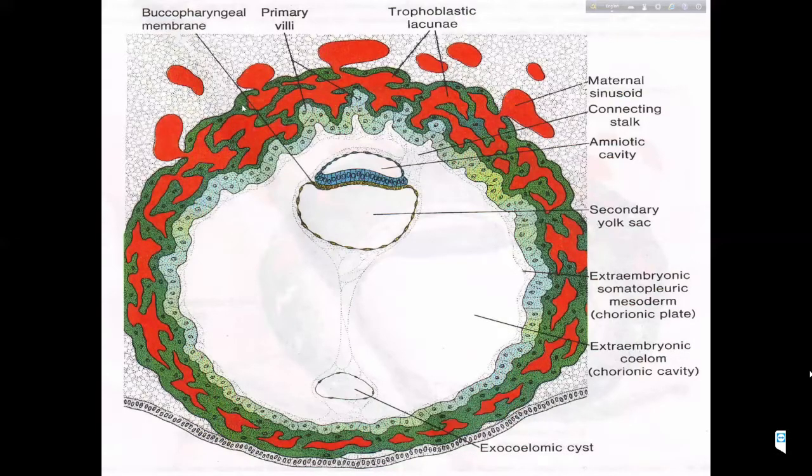The green colored tissue, the syncytiotrophoblast, erodes maternal blood vessels, and so maternal blood seeps into the lacunar network, and you can see the lacunar network is filled with maternal blood and is red in color. So this is about day 9.